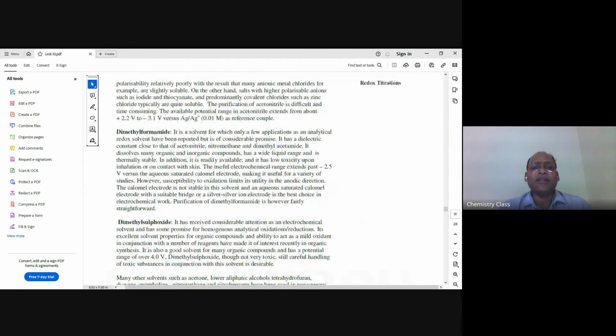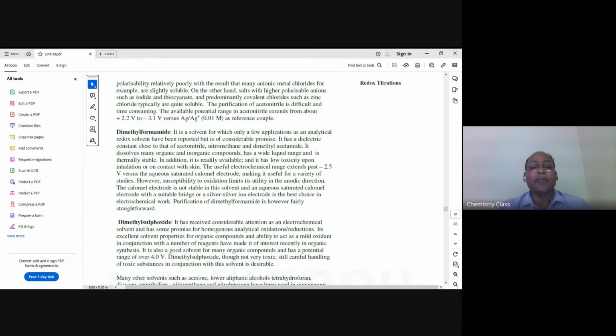Now dimethyl formamide. It is a solvent for which only a few applications as an analytical redox solvent have been reported, but it is of considerable promise. That means it has very few uses as a redox solvent. It has a dielectric constant close to that of acetonitrile, nitromethane, and dimethyl acetamide.